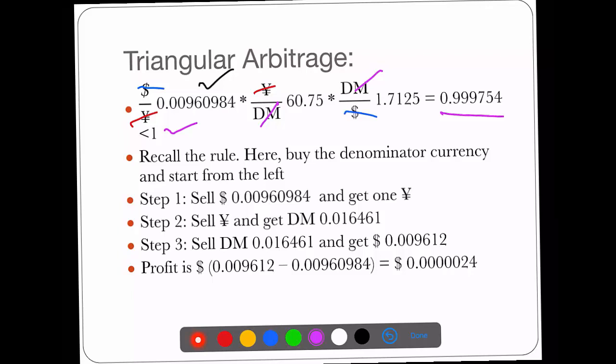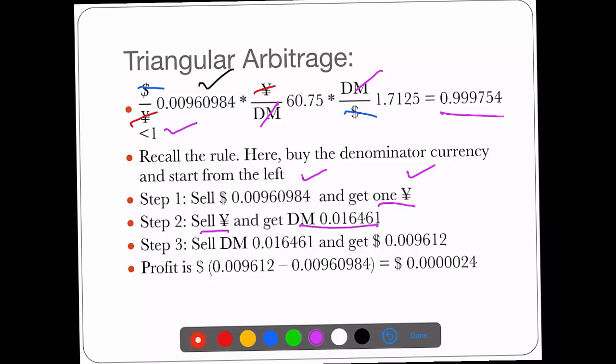In this case, if you have the yen available, you have the dollars available, so you will sell $0.0096094 and buy 1 unit of the yen. Then you will sell that 1 unit of yen and get this Deutschmark.